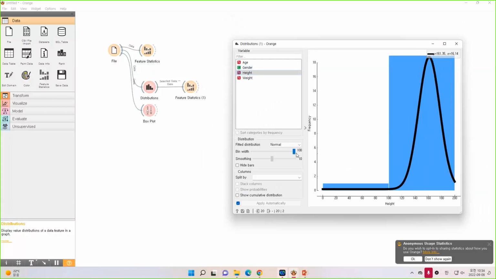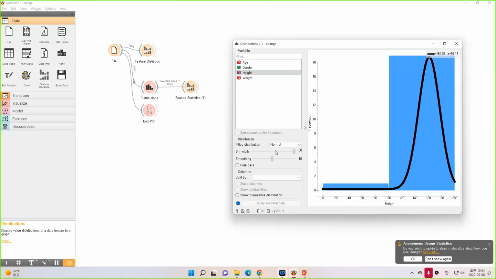You can make a different bin width. The bin width means you want to make the range of the height. If it is 100, then it is between 0 until 100, it will be in one range, and the other is 100 until 200, it will be in one range.